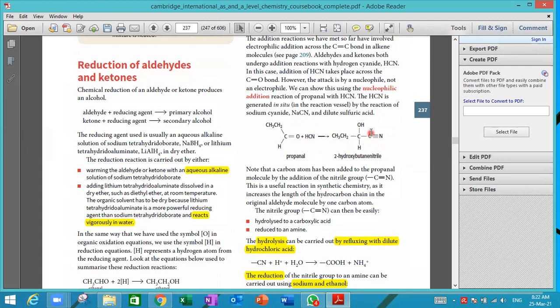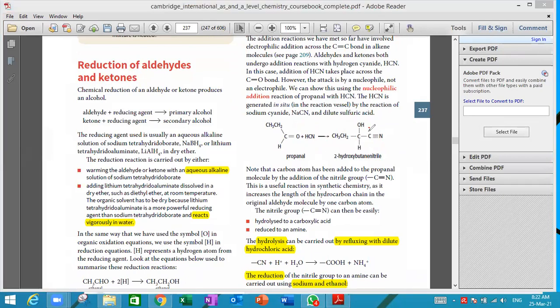We will say this is 1, 2, 3, 4. If we number starting from the cyanide or nitrile group, then it will be 2-hydroxybutanenitrile. 2-hydroxybutane, because we have 4 carbon atoms, and then we say nitrile.